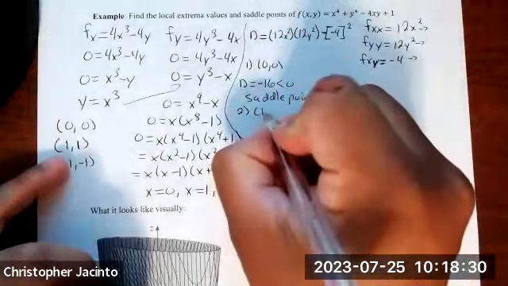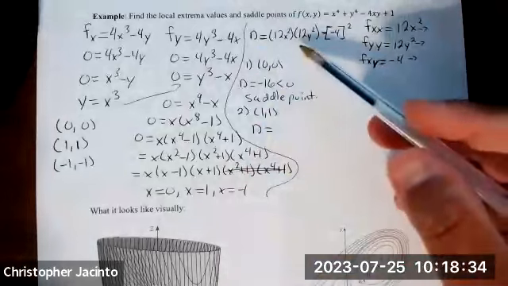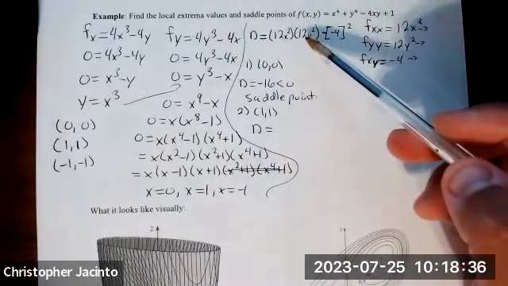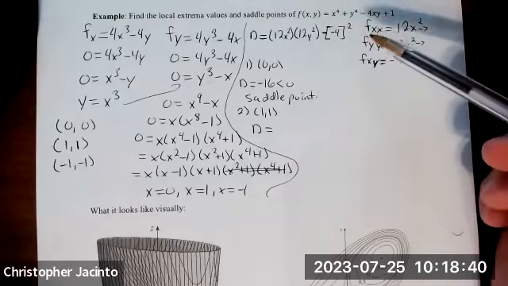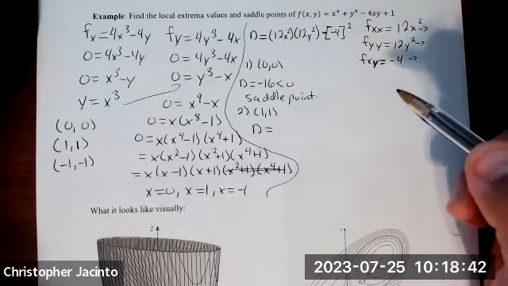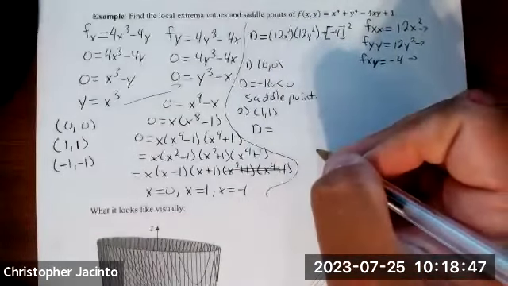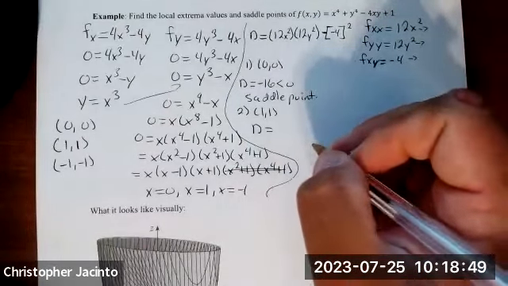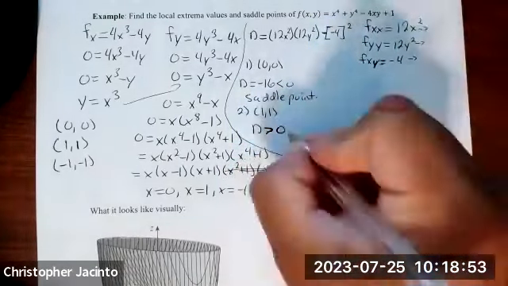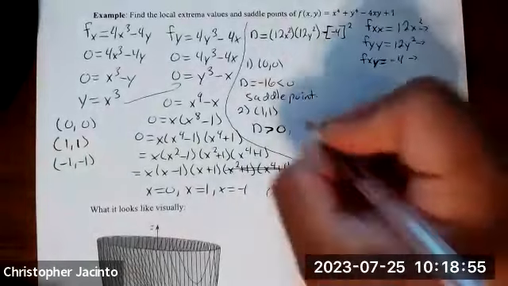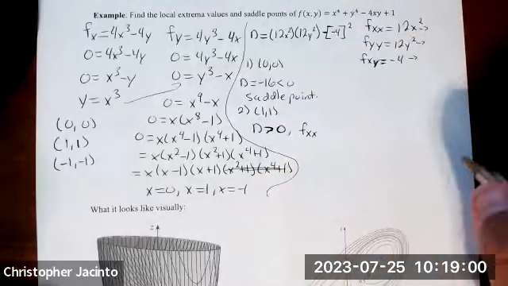All right, number 2. We'll use 1, 1. So plug in 1, 1, so I get 12 times 12 is 144, minus 16. What is that? 120 something. But all I care about is it is greater than 0. So that works. Next, we just got to figure out what is f of xx at the point.